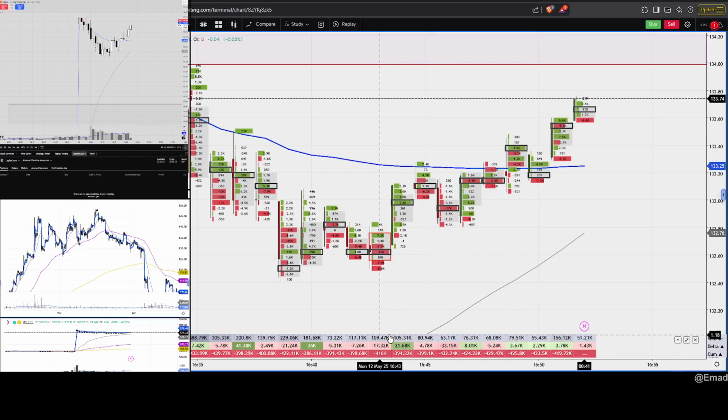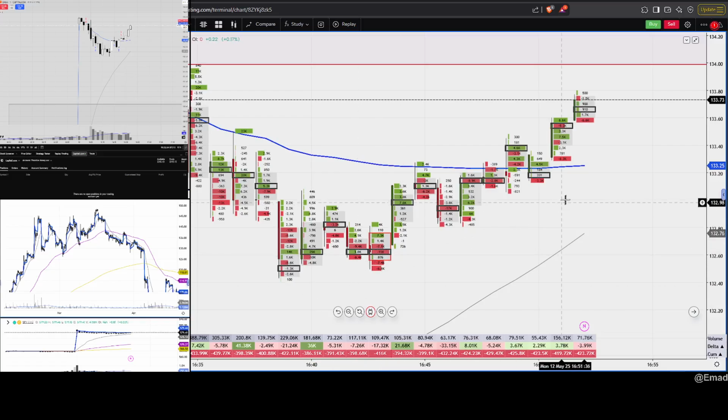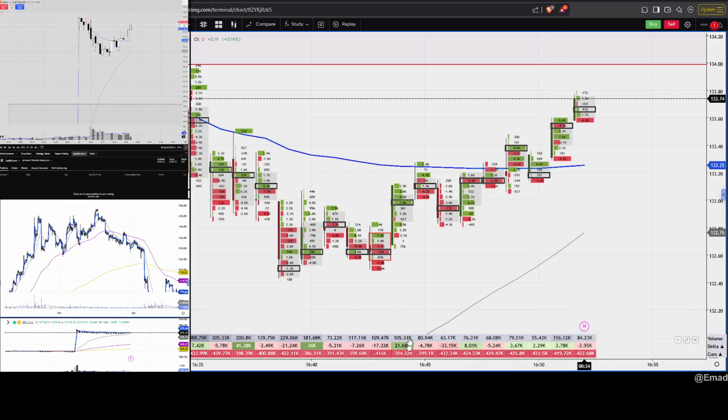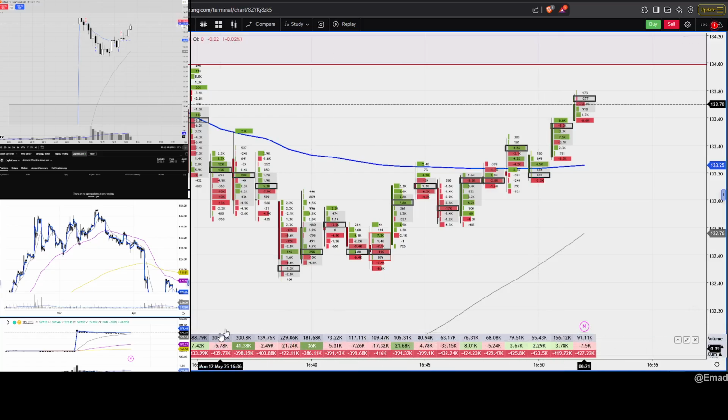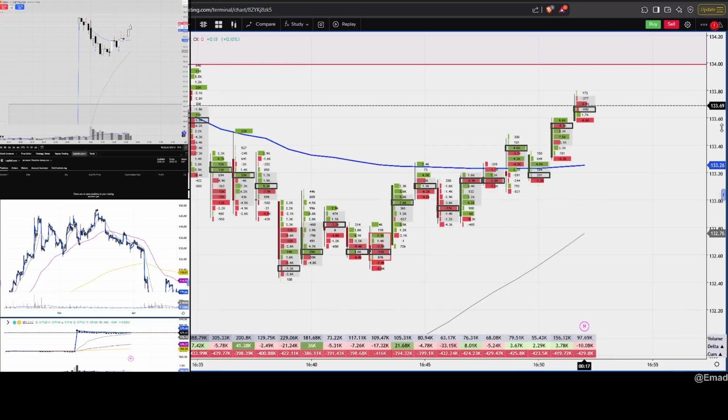79, 76, 105. This area had increased volume when it fell, and this candle had increased volume. And increased volume and still no change in delta, still no aggression. Maybe 21k would have been nice, 36k would have been nice, but none of that. That is slightly concerning, you know.